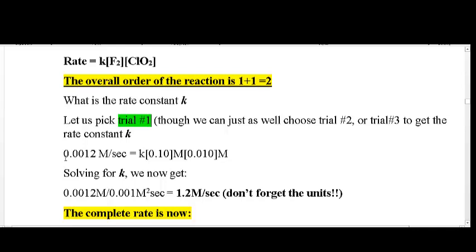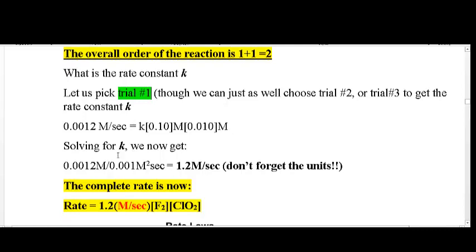So for trial 1, looking back at the table, the rate was 0.0012. K, which is what we're trying to solve for, the initial concentration of F2 was 0.1. The initial concentration of ClO2, chlorine dioxide, was 0.01. Okay, so the concentrations are in molarity, so M and M is M squared. And solving for K, it's 0.0012 M over seconds divided by 0.001 M squared.